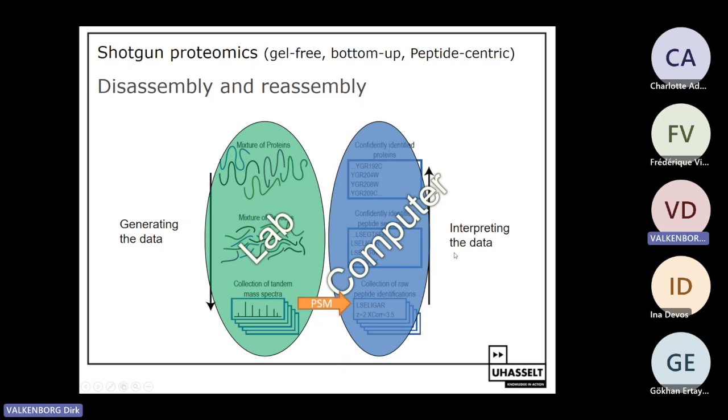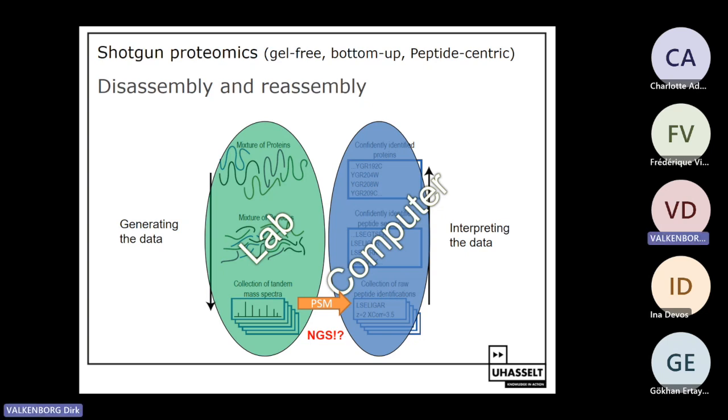I see a nice analogy with next generation sequencing, where we break the DNA or RNA completely apart in our lab and next-gen sequencer, and afterwards we reassemble the genetic information using bioinformatics.